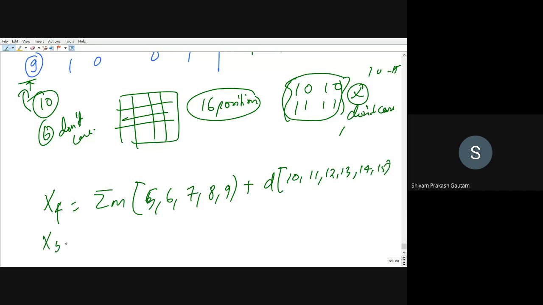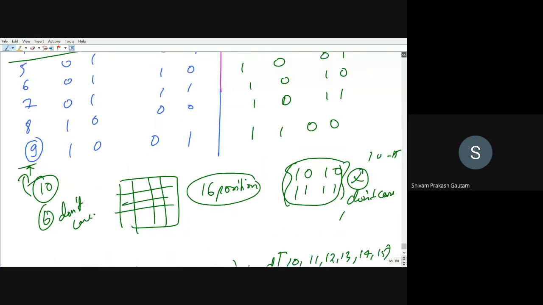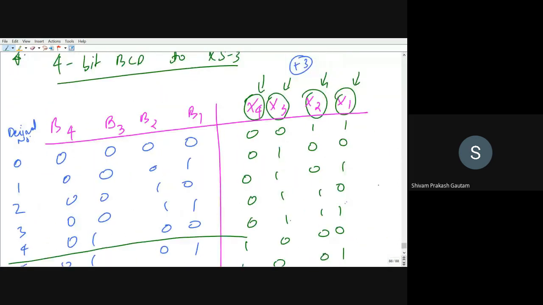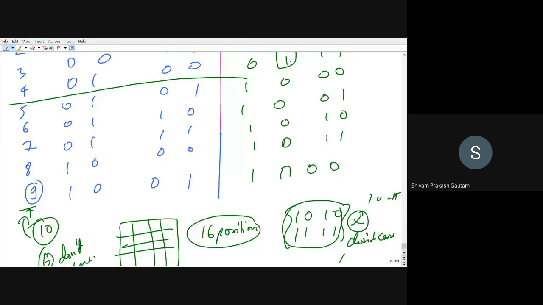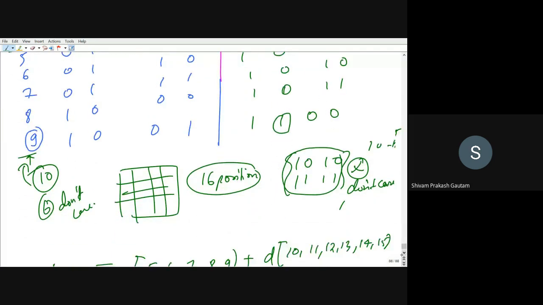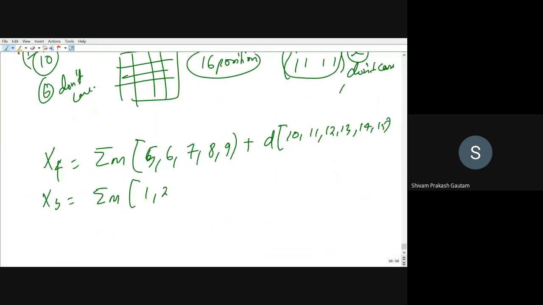Similarly for X3, just see where X3 is 1. It is 1 at 1, 2, 3, 4, and it is 1 here as well at 9. So 1, 2, 3, 4 and 9. And the don't care here will be the same, that is 10, 11, 12, 13, 14, 15.